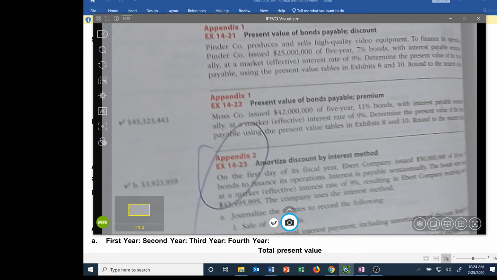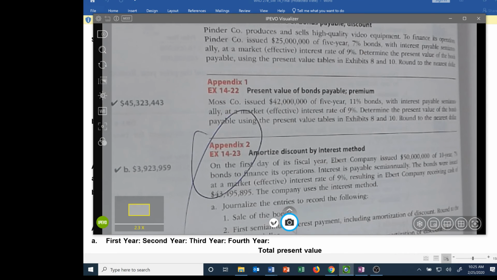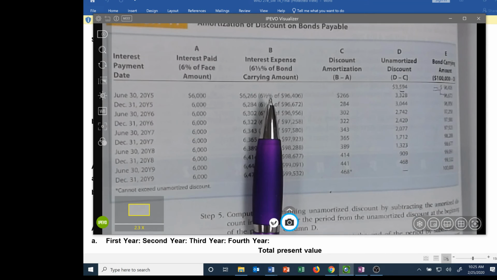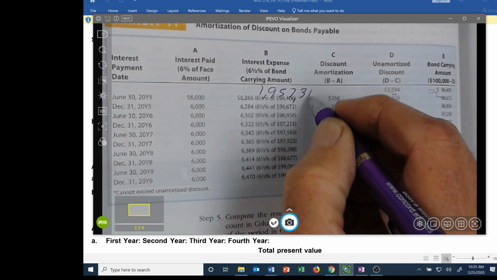All right, so what is 4.5% of 43,495,895? It's $1,957,315.